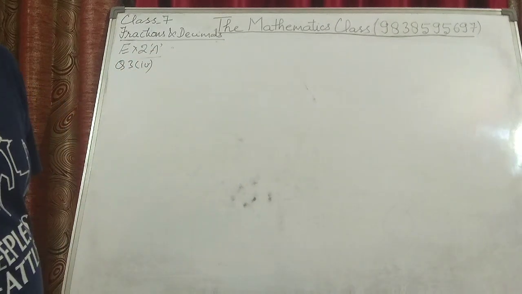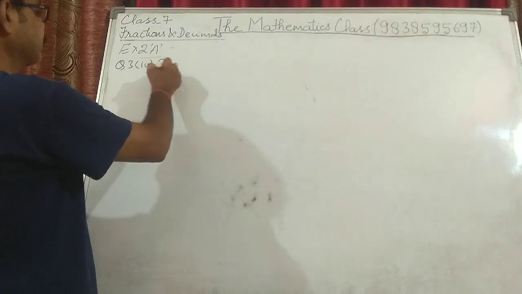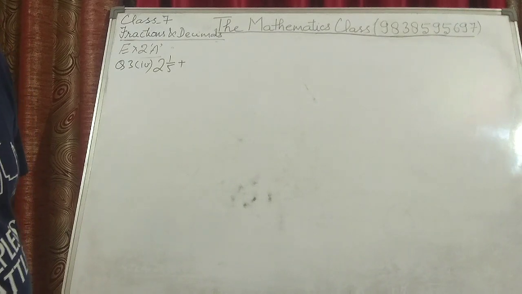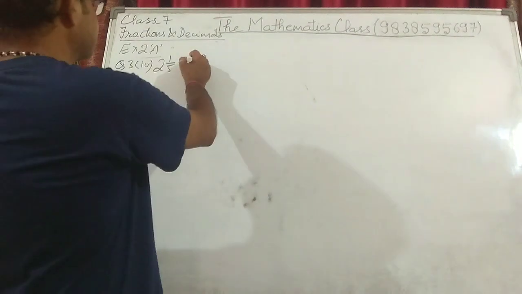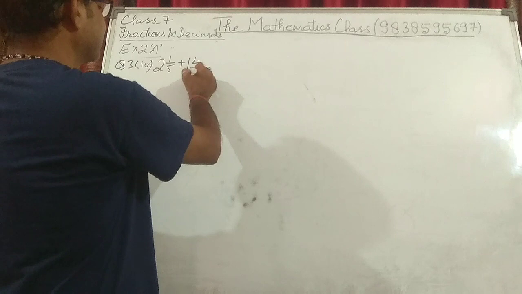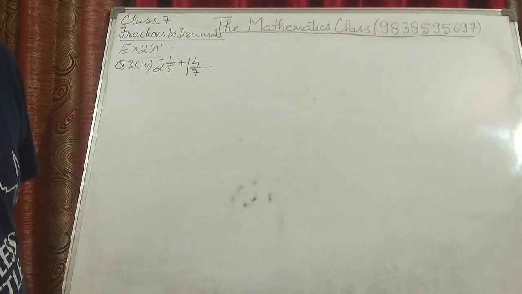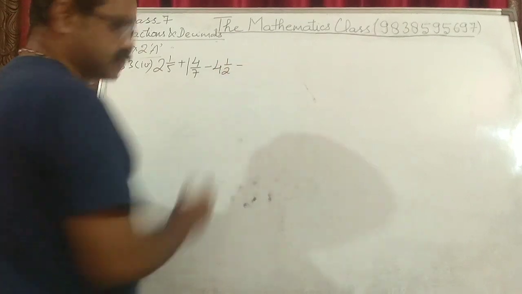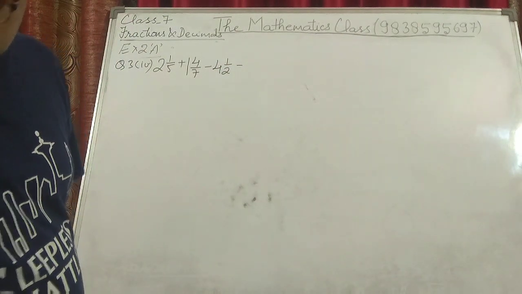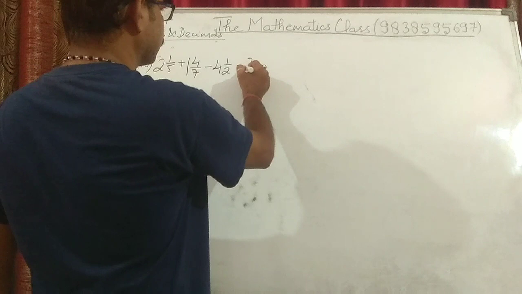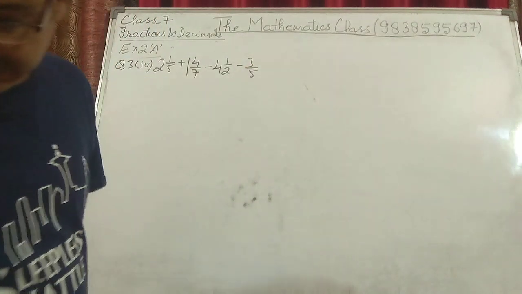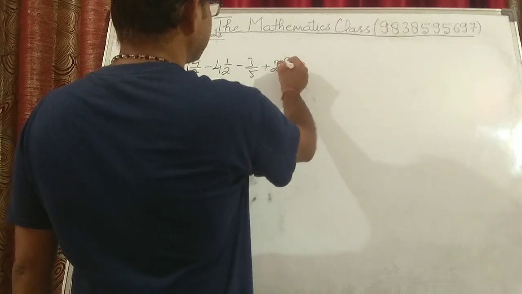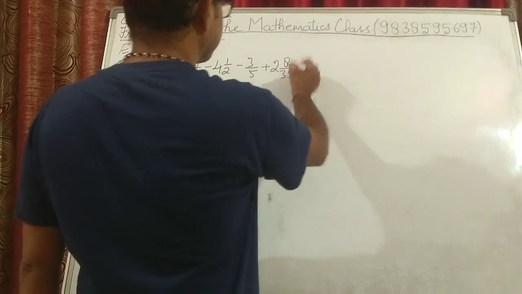The question is 2 whole 1 upon 5 plus 1 whole 4 upon 7 minus 4 whole 1 upon 2 minus 3 upon 5 and plus 2 whole 8 upon 35.